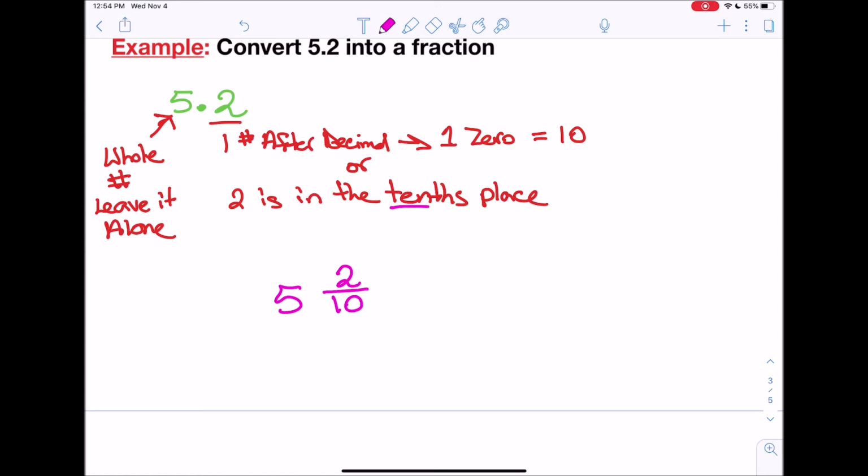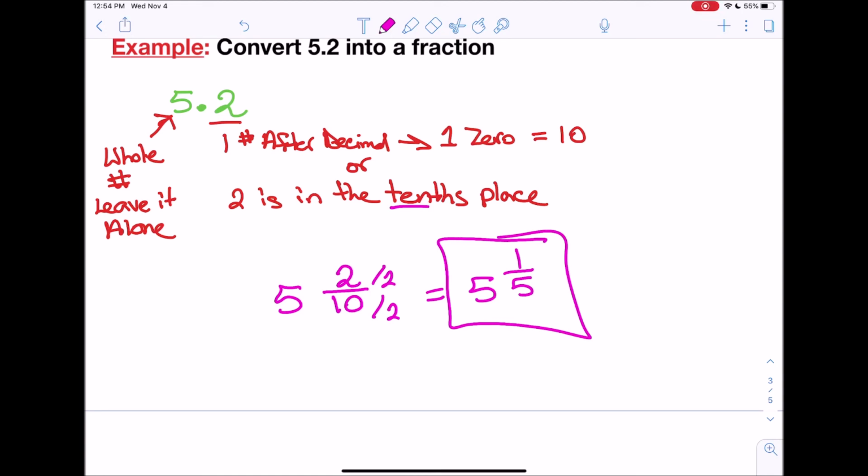It's all pretty much the same thing, okay? Once again, we have to divide our fraction, and we end up with 5 1/5, which is a mixed number. So as you can see, the 5 works with the fraction because it just makes it into a mixed number. So that's why you can leave the whole numbers alone.